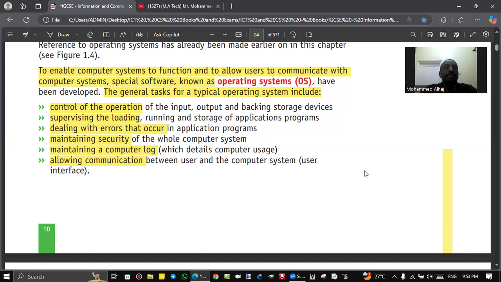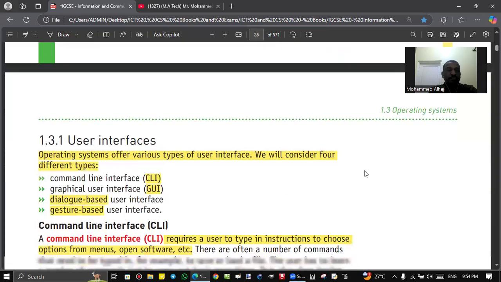This is a kind of system which controls all the logs and the entrance to the system. It also allows communication between user and computer system, which we call user interfaces.